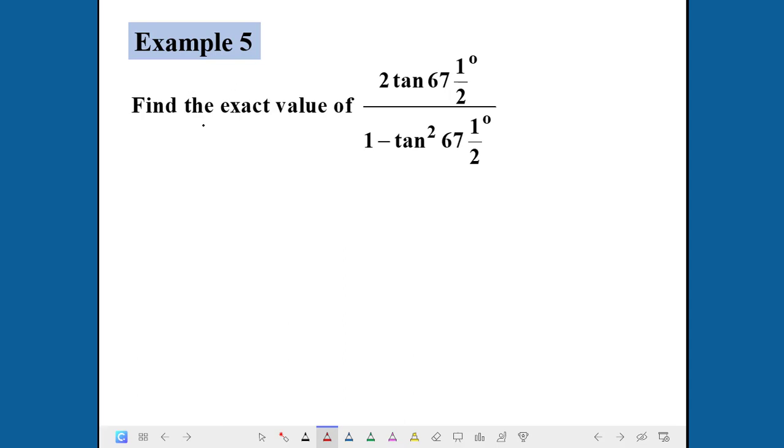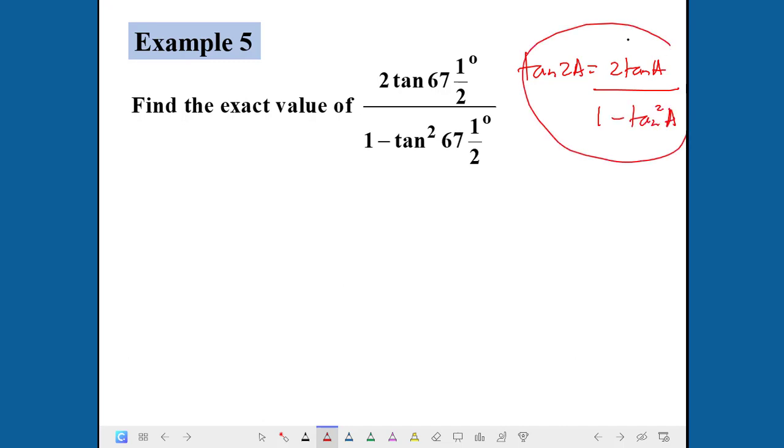Example 5. Find the exact value of 2 tangent 67.5 degrees over 1 minus tangent 67.5 degrees squared. This one looks like a double angle: tangent 2A equals 2 tangent A over 1 minus tangent A squared.